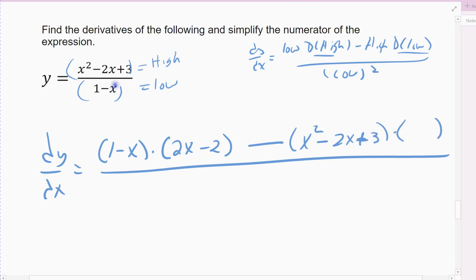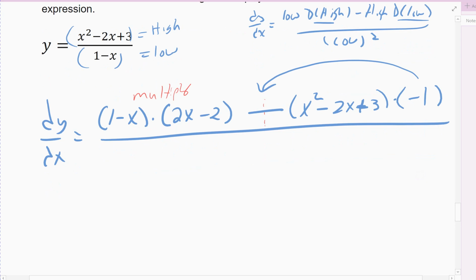The 1 zeroes out, but this is going to give me a negative 1 when I take the derivative of that, right, because there's the negative in front of the x. So negative 1. All right, so there's two things I'm going to do here. This negative 1 can multiply with that negative 1 to make this a positive, right? When I multiply that out, that's going to become a plus. And then I've got to multiply here.